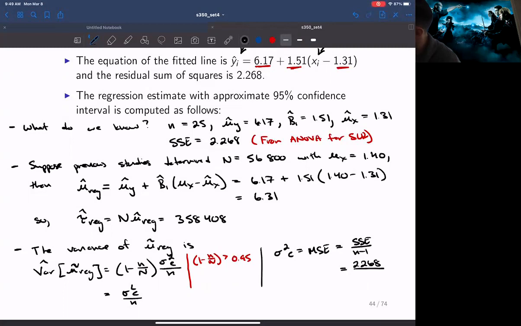So that's going to be 2.268 divided by, this is a regression line, that should be n minus 2. Okay, so that's going to be over 23. So that gives us 2.268 divided by 23 equals 0.0986.